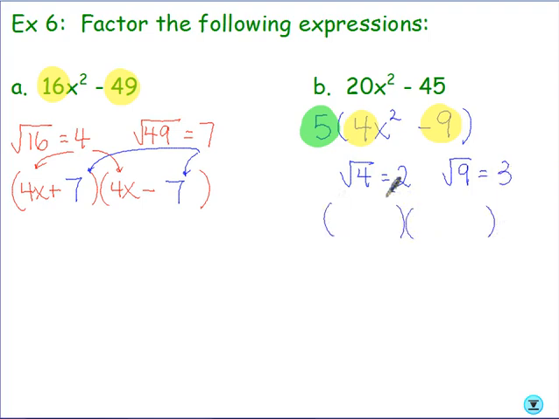First number, first slots. 2x, 2x, one positive, one negative. Second number, second slots. 3, 3. What am I forgetting? You know it. Bring down that 5. Right, we will see you in class.